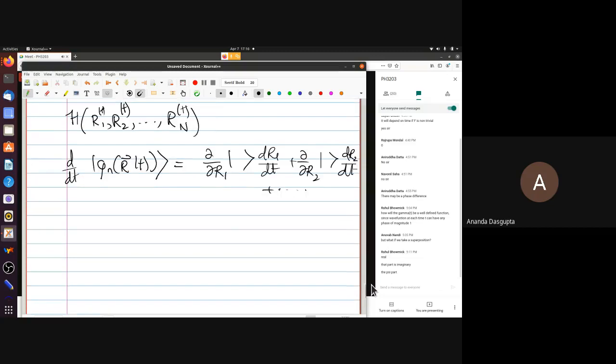If a function depends on several parameters and each of them depends on time, the rate at which the function changes with time is basically each individual function's rate of change times the corresponding derivatives. And this thing can be shorthand. I write a shorthand for this. Grad R.